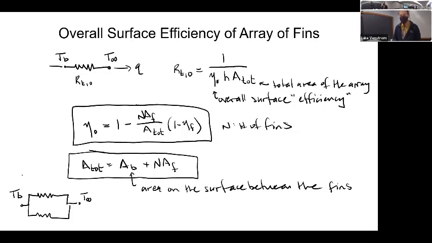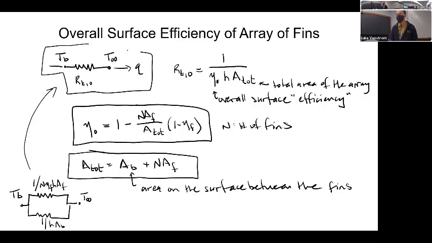It can either go through all of the fins, all of the single fins, H, A, F, or it can go through the base. That's an A. Okay, when you analyze that parallel circuit, you get here. So don't bother with this one, okay? Just use this one, but just know that that's where this comes from. It comes from analyzing this parallel path for the heat transfer. Okay. Any questions on that?